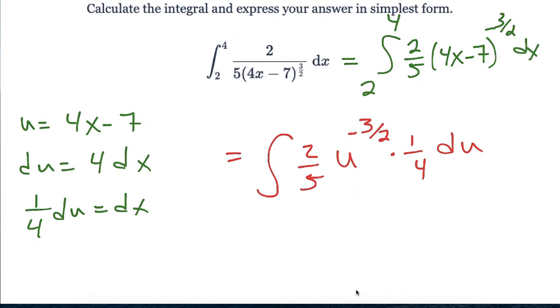Now, if I look at the bounds that I'm going to have, remember that these bounds are x equals 2 and x equals 4. But u is equal to 4x minus 7. So at the lower bound, u is going to equal 1, because 4 times 2 is 8, minus 7 is 1. And up here, u is going to be 9, because 4 times 4 is 16, minus 7 is 9.